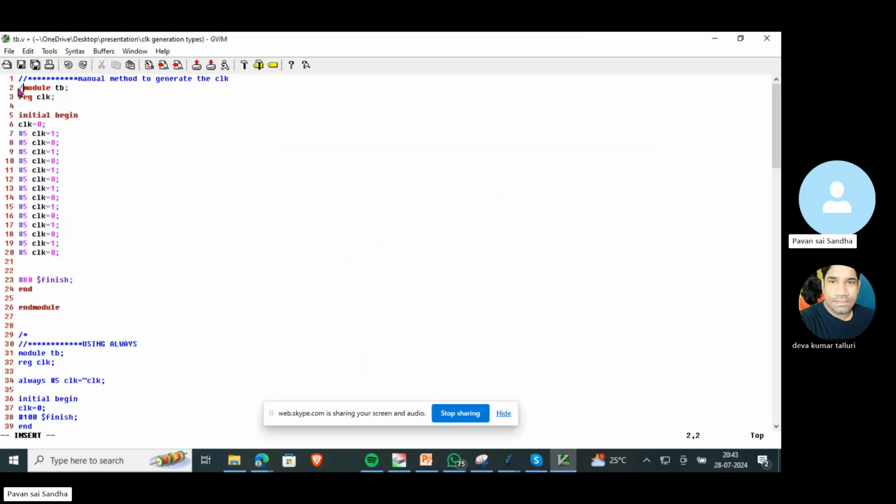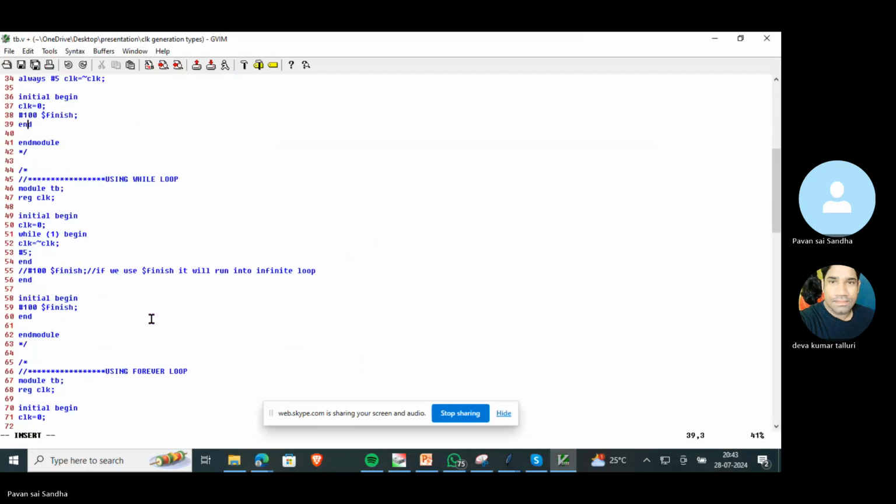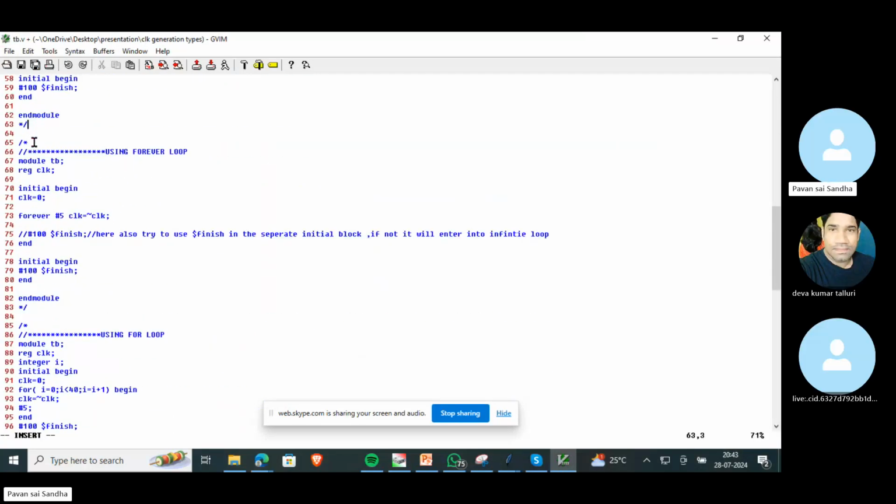You want to keep this in comment. This is using a for loop. This is also a manual method. Why? Because, oh sorry, it is a forever loop.